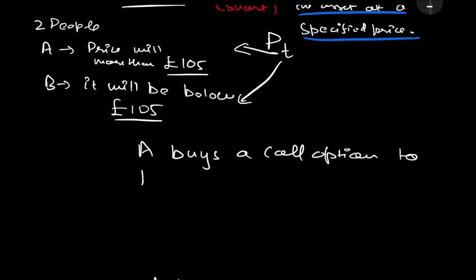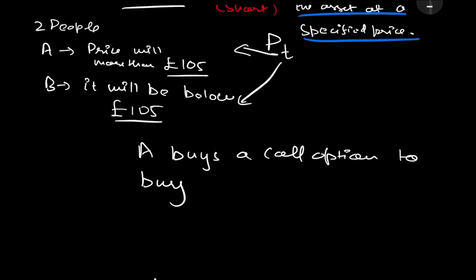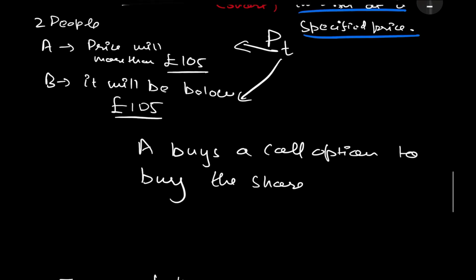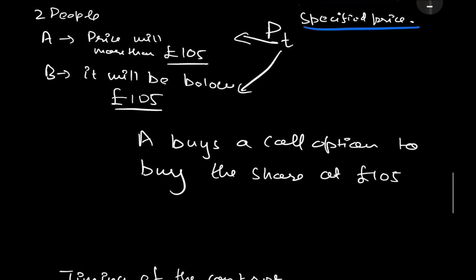to buy the share at 105. Okay, because he believes it will increase, so he will want to buy it for 105 and expect that the price is higher so he or she can sell.